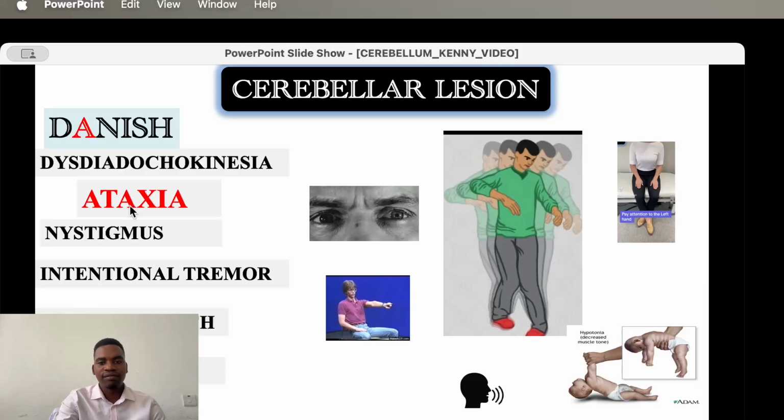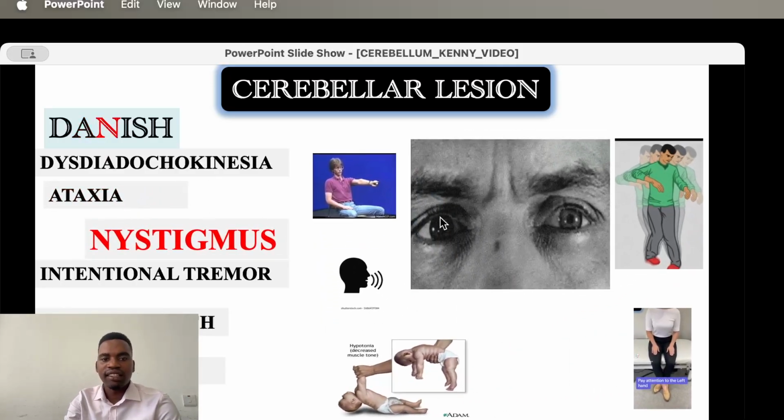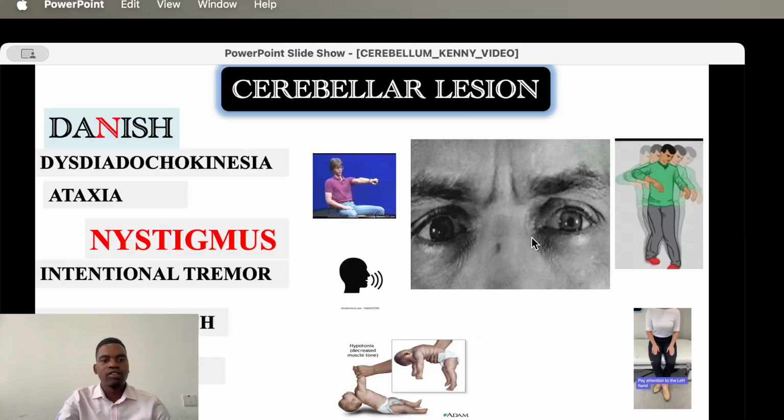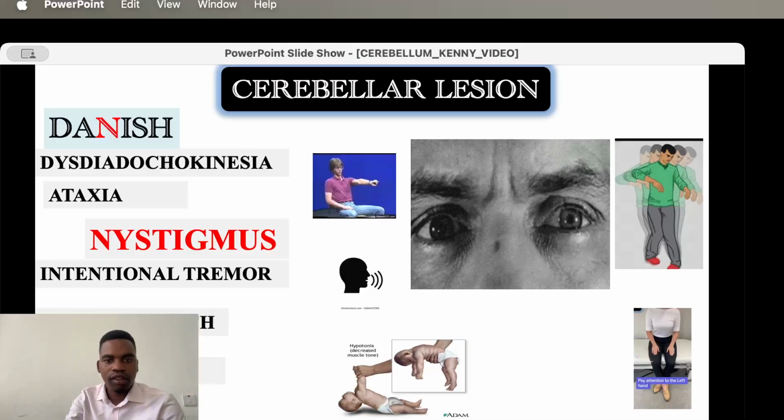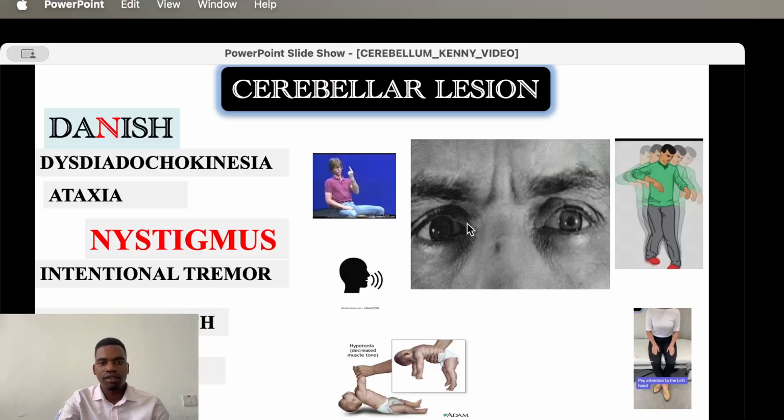And then N is for nystagmus, which is a rapid eye movement due to a lesion in the vestibulo-ocular pathway, and it presents with an optokinetic kind of movement.